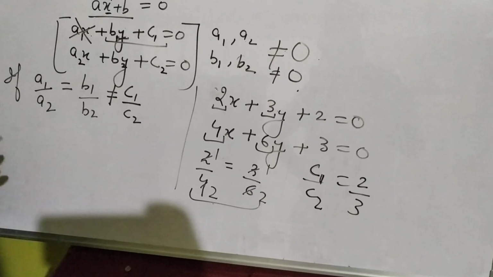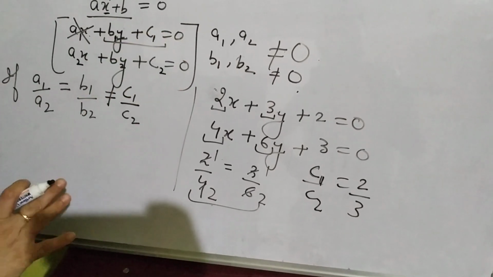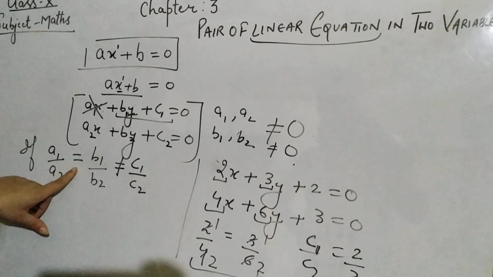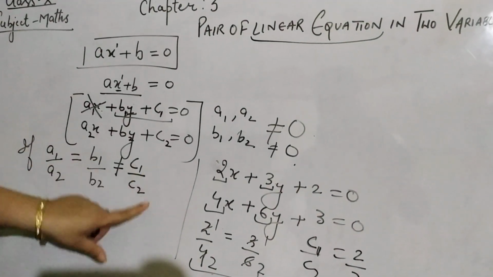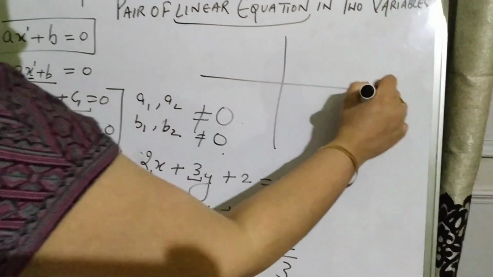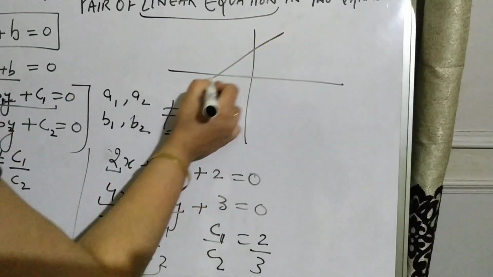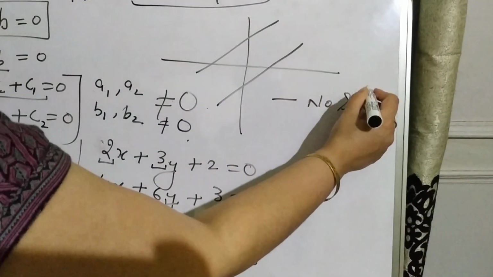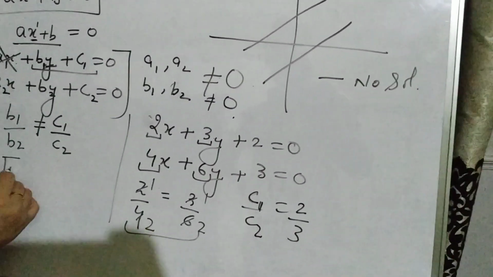And when we draw the graph of this type of pair of linear equations, where a1 upon a2 is equal to b1 upon b2 but not equal to c1 upon c2, the graph of these two linear equations will be two parallel lines, which means no solution.